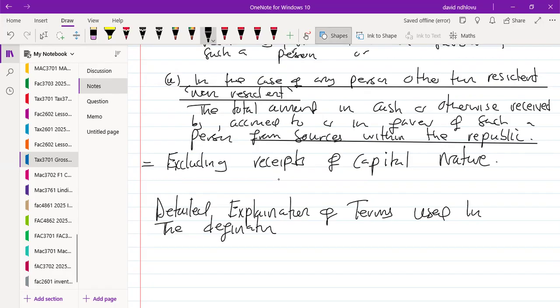Right, starting with the year of assessment, I've already explained that, but I'll just put it in notes. Remember the definition mentions the year of assessment.